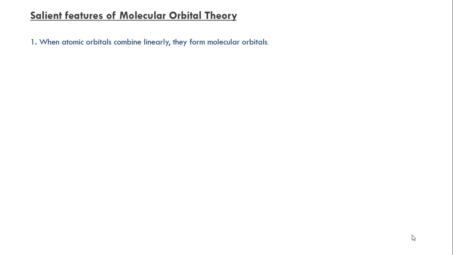That is familiar to us as LCAO, linear combination of atomic orbitals, which explains how atomic orbitals combine with each other linearly. That is the LCAO method, the theory of how the orbitals combine with each other. So they form the molecular orbitals.